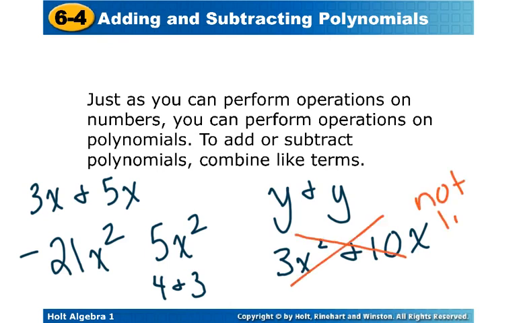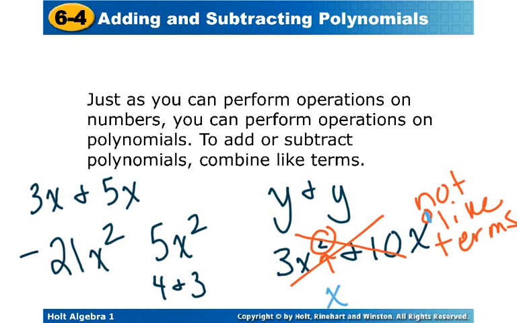Now, why would that be? If you were saying to yourself that they're not like terms, it's because they have different exponents. This one has an exponent of 2, and this one, in this case, would have an exponent of 1. So they would not be like terms.